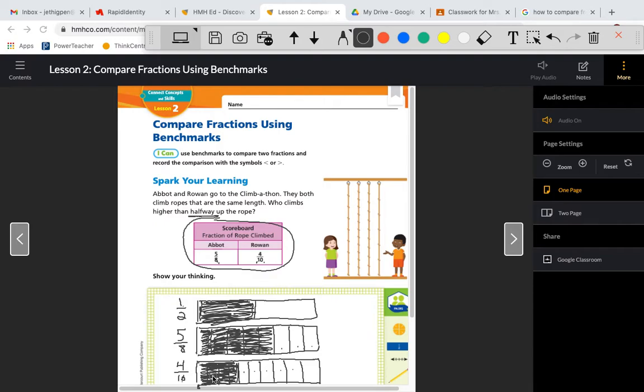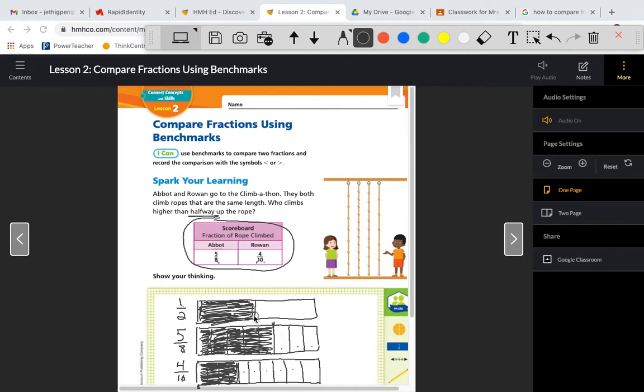All right, now let's look at our benchmark. First, we have 1/2. So this is what we're using to compare 5/8 and 4/10. Now our problem says, who climbs higher than halfway up the rope? Well, if we look at our problem, we can see that 5/8 is going past our halfway point.